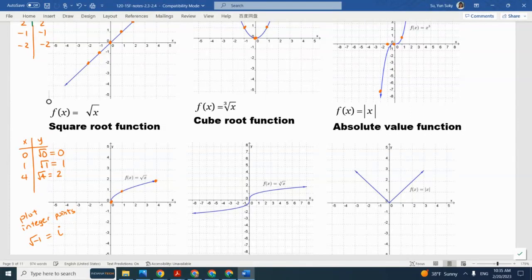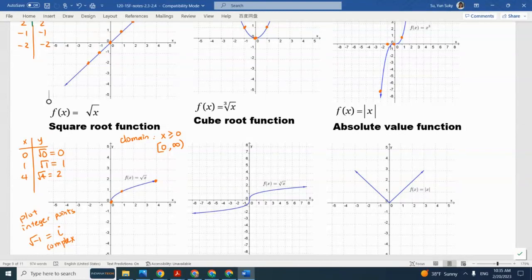No. See? The square root of -1 is a complex number. It's not a real number. Right, everybody? Therefore, we have our domain. Domain for square root of x is greater than or equal to 0. So 0 to infinity. That's the domain, not all real numbers. Okay, everybody?